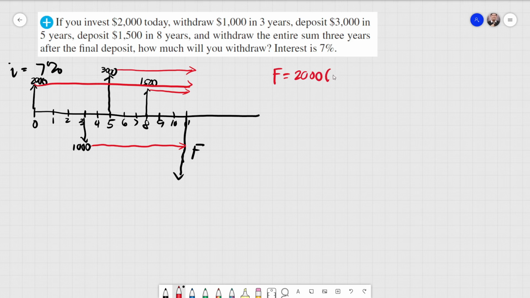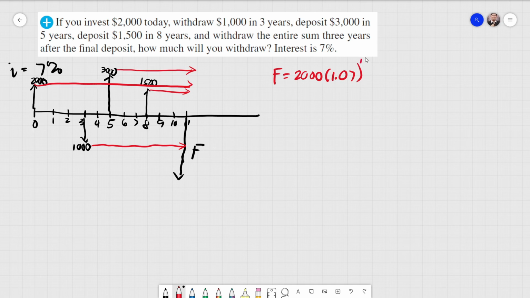So, mathematically, we have 2,000 times 1 plus I. So, I is 7% or 0.07. So, mas madali na i-denote na lang siya as 1.07 raised to what? So, ilang years ang lilipas para makapunta ka sa future time from the present time. So, that is 11.